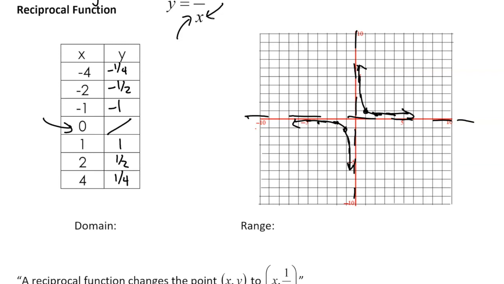Okay, so based off of that, we can say that our domain can be anything except 0, and our range can be anything except 0. Okay, we'll look at this final point here that says what happens with this point in a later example, but basically the point (x, y) in each of these cases becomes the point (x, 1/y).